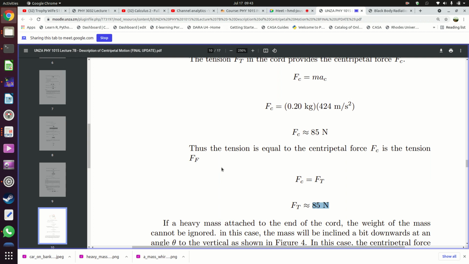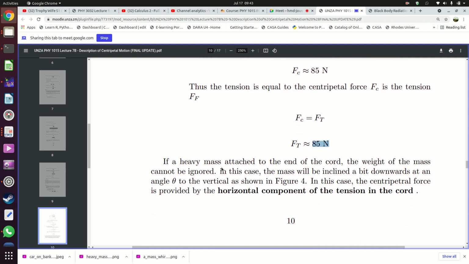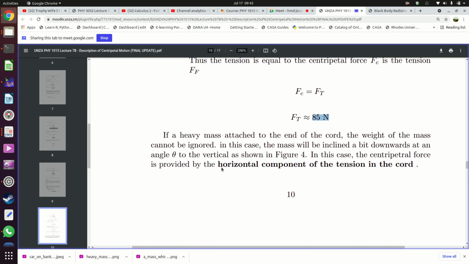Yes, sir. Okay. However, sometimes you can have a mass attached to a rope which is very heavy, such that even if you try to force it to move in a circle, it will not be possible. If a heavy mass is attached to the end of the cord, the weight of the mass cannot be ignored.